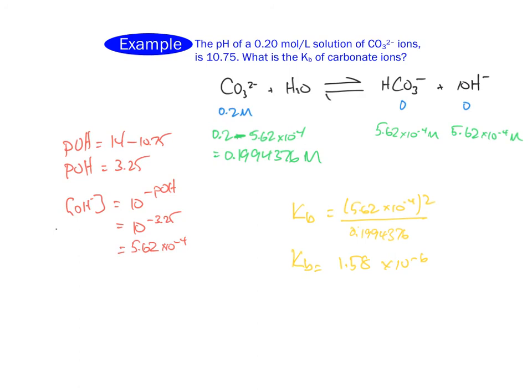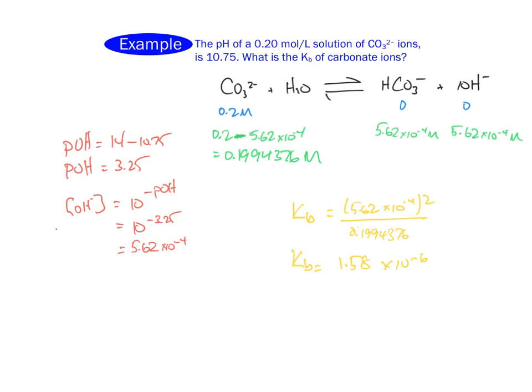So in this question, what we had to do is write that chemical equation, and that led us to doing this work in red here. We would use the given pH to help us figure out the pOH. And once we had the pOH, we were able to find the hydroxide ion concentration by going 10 to the negative pOH, and that gave us 5.62 times 10 to the negative 4.